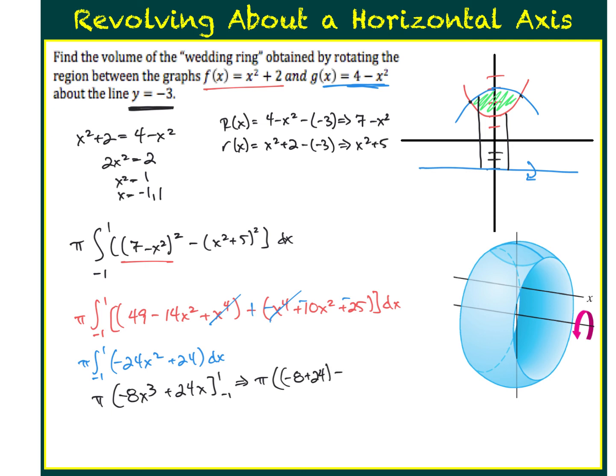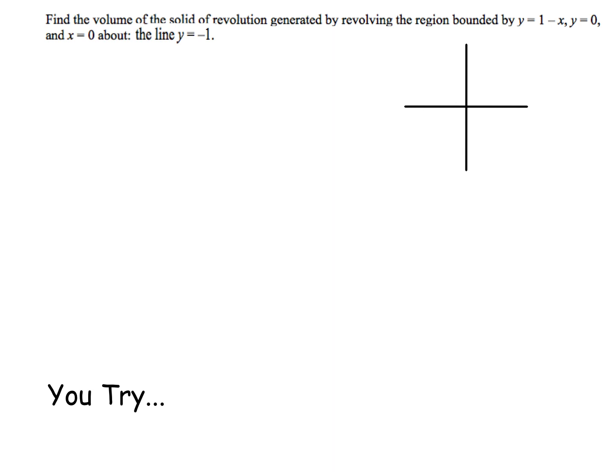Then minus, we substitute in negative 1, we get 8 minus 24. I'd suggest distributing the negative. It's not negative: 16 plus 16, which gives 32 pi. I'm going to help set this up for you, and then you got it.